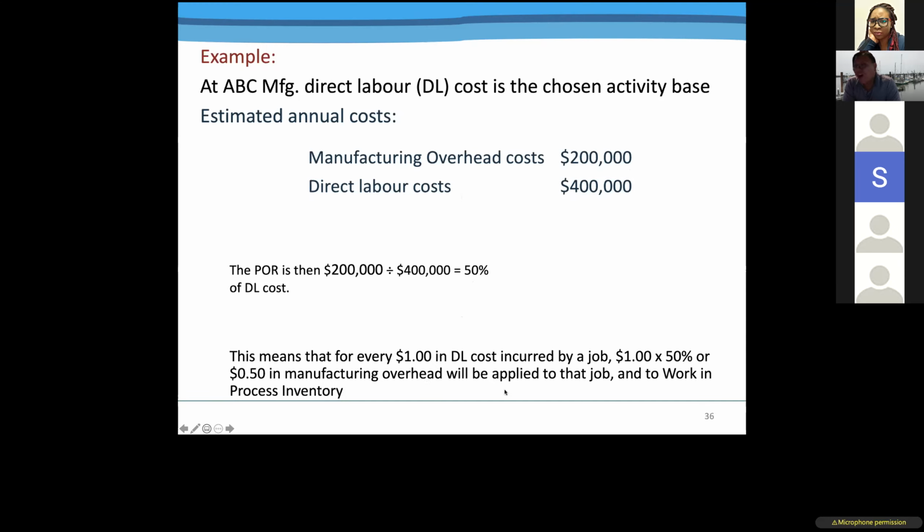So that's how I apply the overhead to the specific job. For every dollar of direct labor cost, I am going to apply 50 cents of overhead. Does that make sense? Yes.